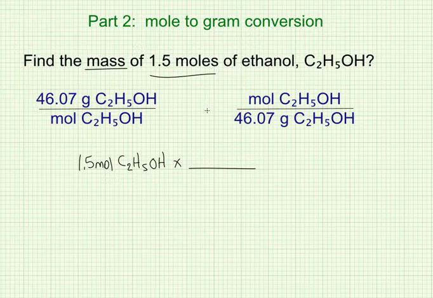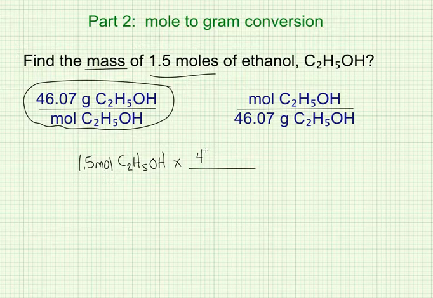I want to get rid of moles. So in order to do that, I want grams in the numerator. I want moles in the denominator, which means the correct ratio is going to leave me with 46.07 grams of ethanol in every 1 mole of ethanol.